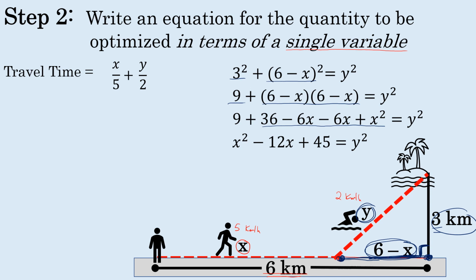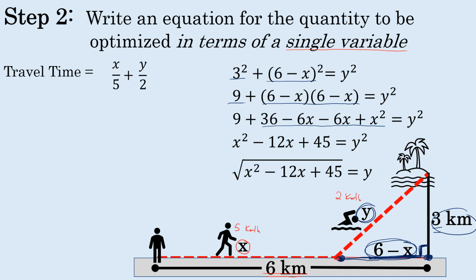I've rearranged the terms a little bit. I've written the x squared first. I've written 9 plus 36, 45 last. And negative 6 minus 6 is negative 12x. That's equal to y squared. If this quadratic is equal to y squared, what is y? Well, the square root of x squared minus 12x plus 45.